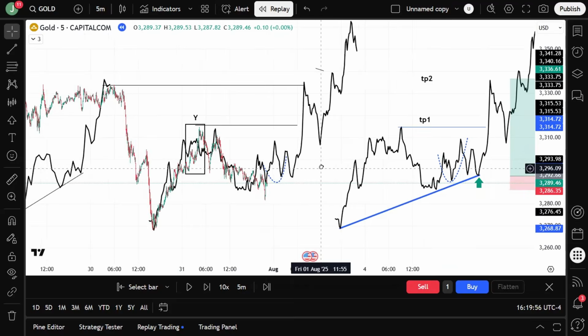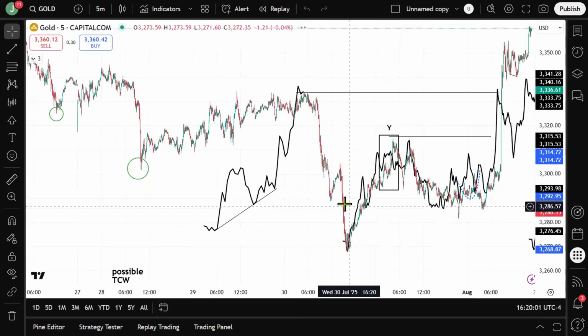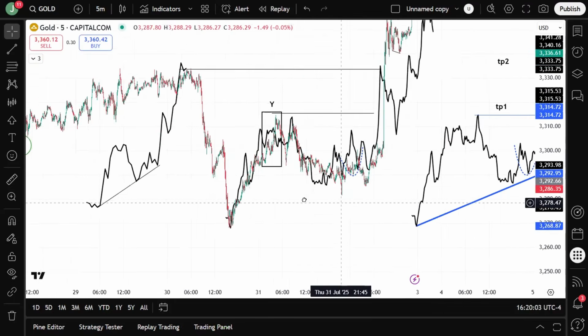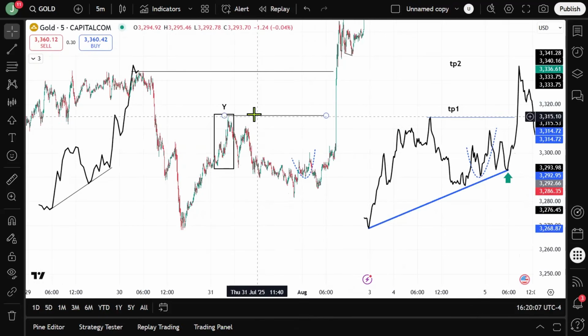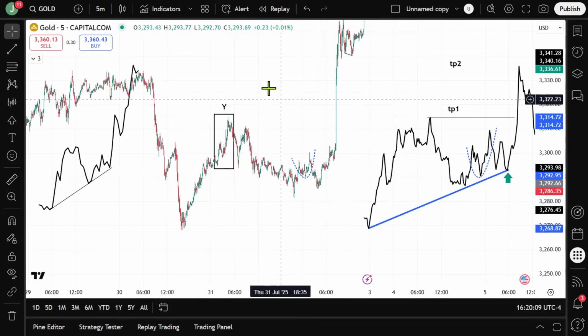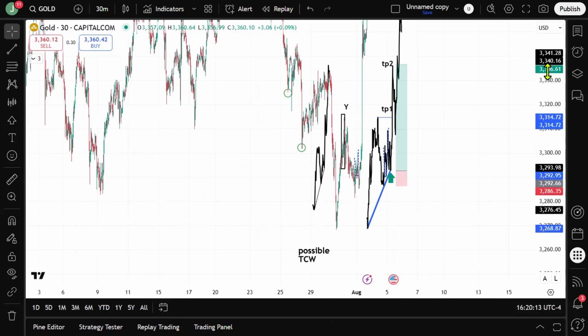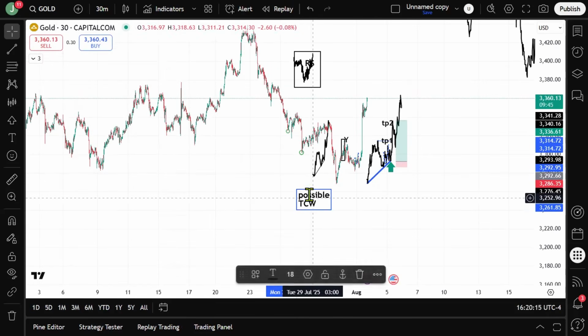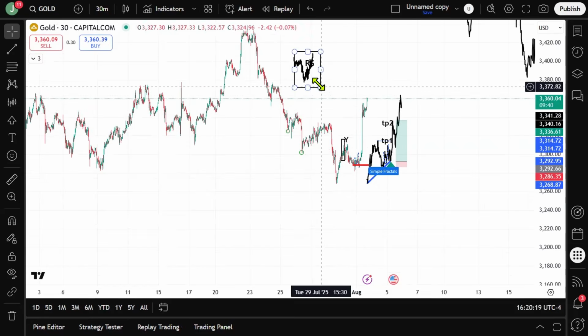Okay. Can you please close the replay mode? I will explain how I have executed the other trade. So yeah, if you can go to the 30 minutes time frame. Okay, so yeah, your trade was right here. Okay, excellent.